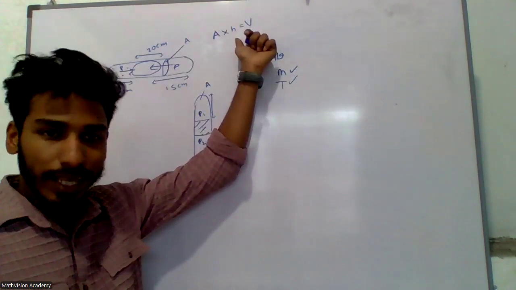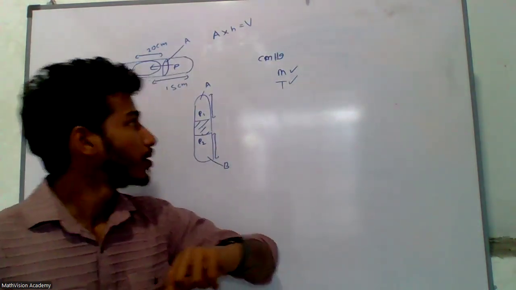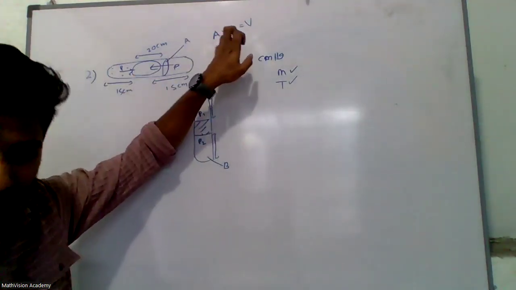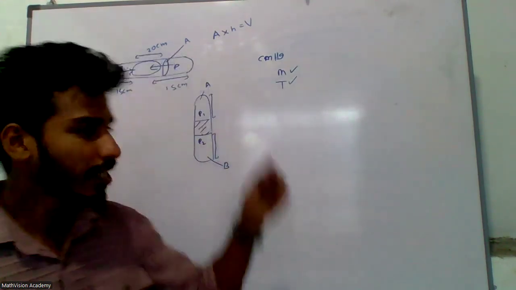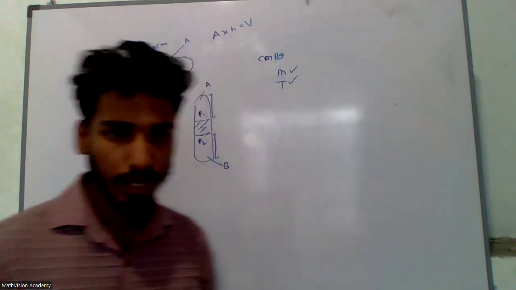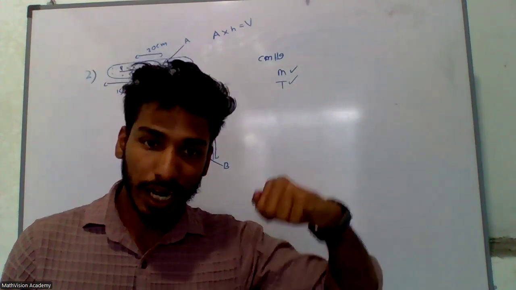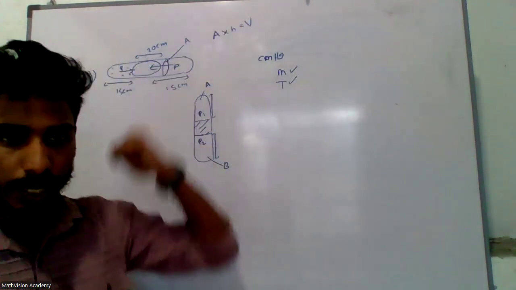Don't be afraid of using different parameters, because we won't have it in your final answer. Whenever you are dealing with these gas laws, this area will cancel off. The first point you should understand. So they will not give you the volume, but you must make sure to get the volume. How? From area into the length.